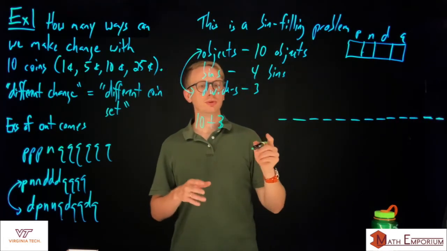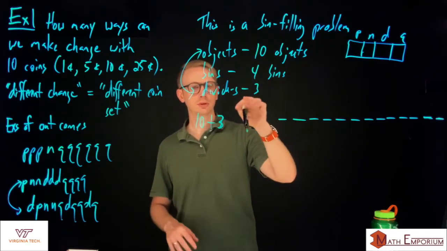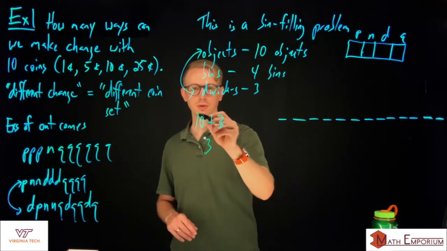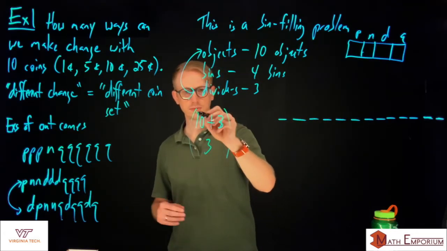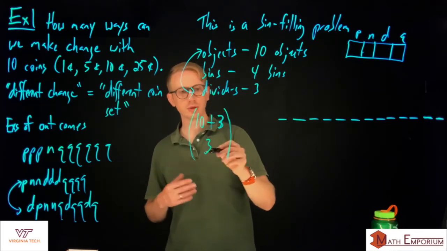You would need to choose either 3 of them to be dividers or 10 of them to be the objects. I think choosing dividers often makes the most sense in the narrative of what you're doing. It feels more natural. But you can also choose the objects.